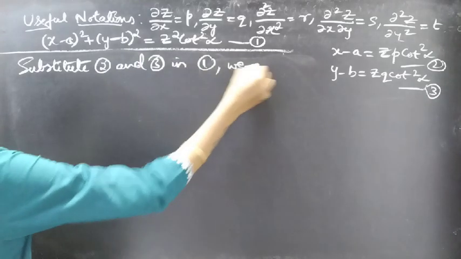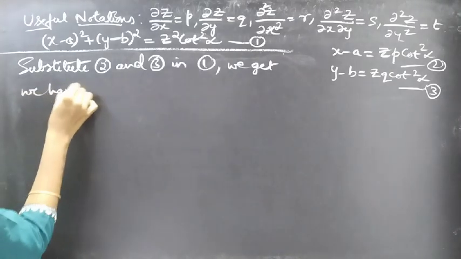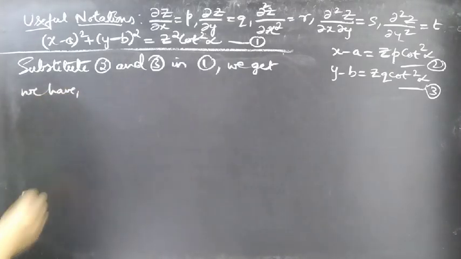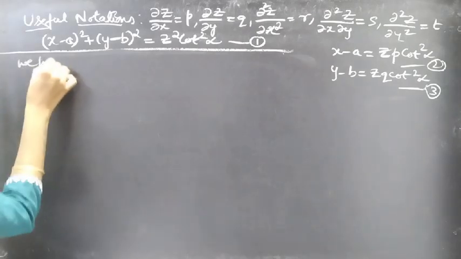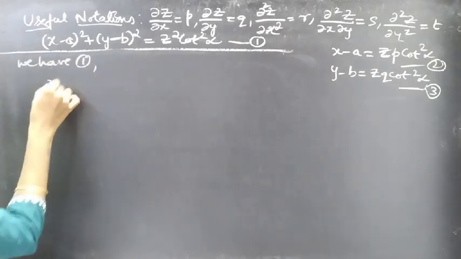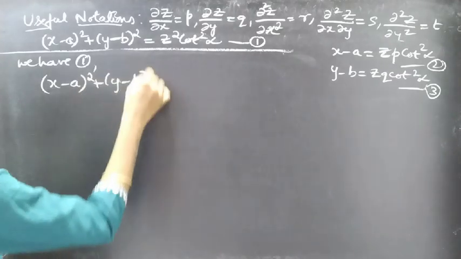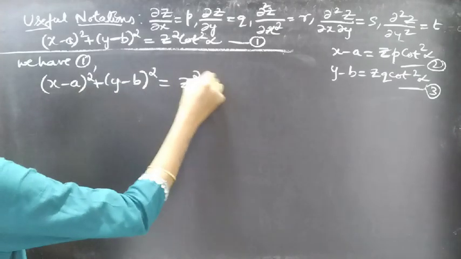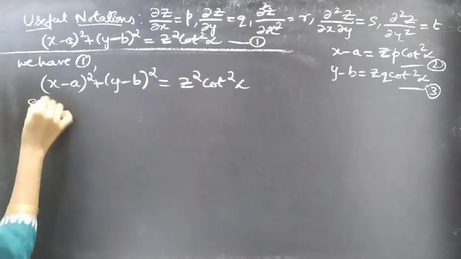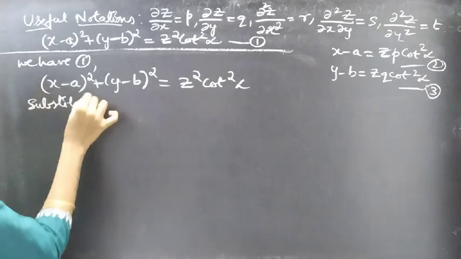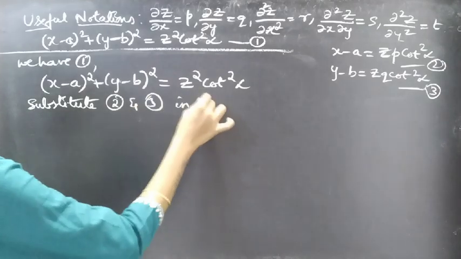We already have equation 1, which is x minus a whole square plus y minus b whole square equal to z square cot square alpha, right? Now substitute 2 and 3 in 1.